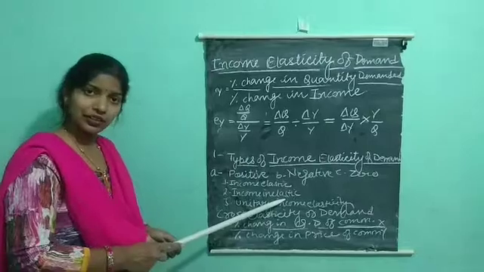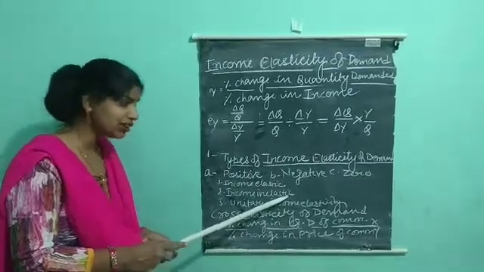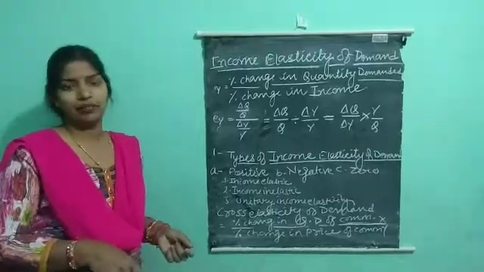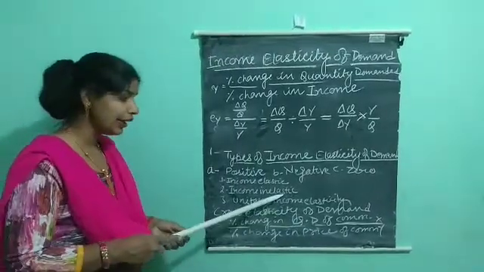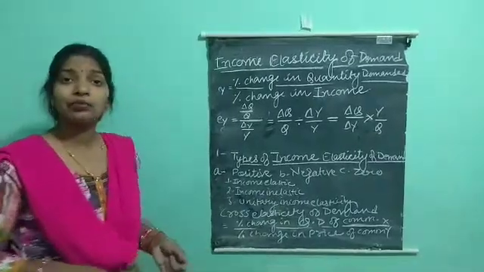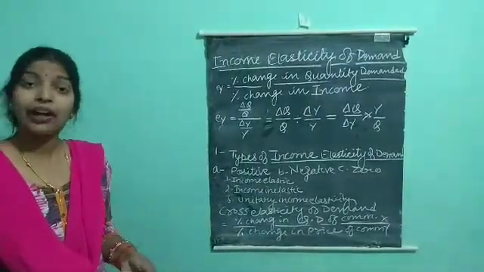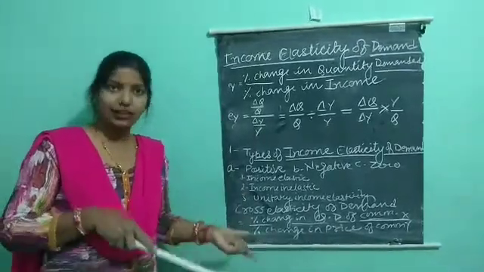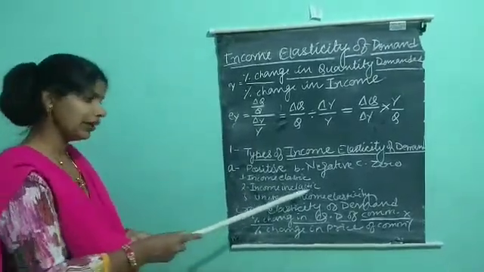Income inelastic: if the change in demand is less than the change in income, then it is called inelastic. Suppose income changes by 10% and demand changes by 8 or 9%. It means less than income, then it is called income inelastic.